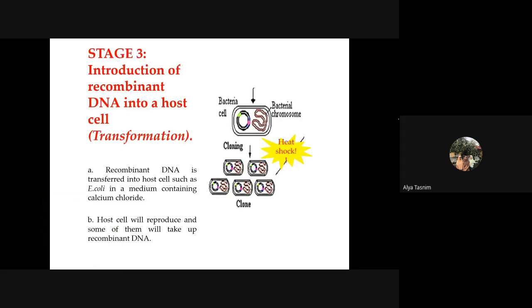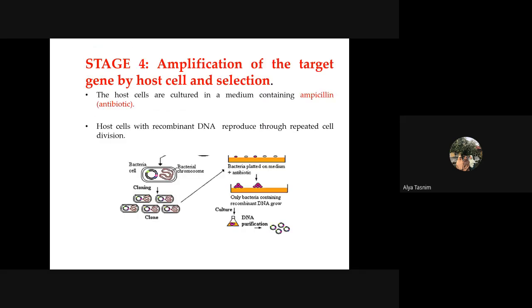Okay, so ini ada medium, kan? Ada petri dish contohnya yang ada bakteria. Okay, that you have removed the plasmid. So this is the bacteria that has no plasmid.